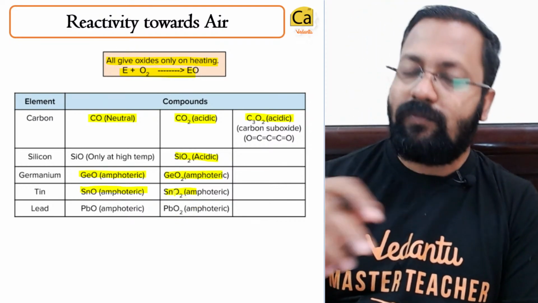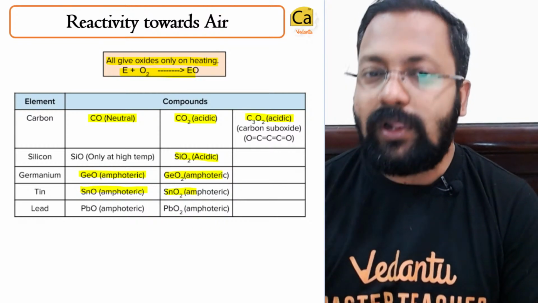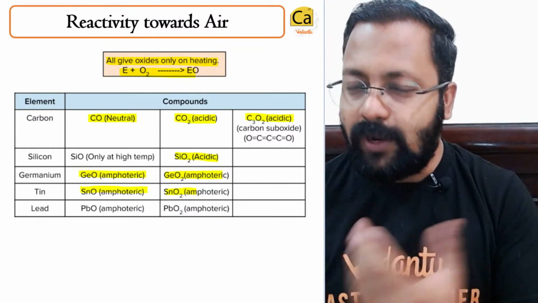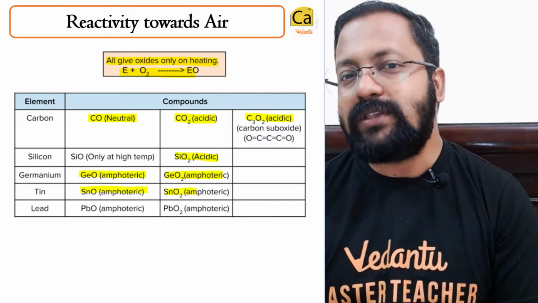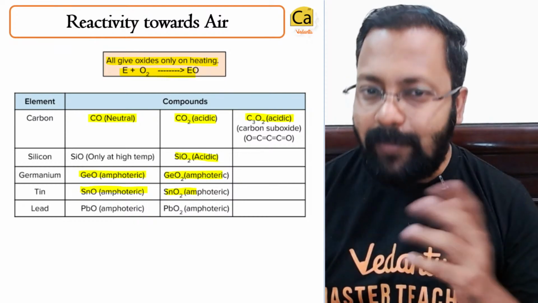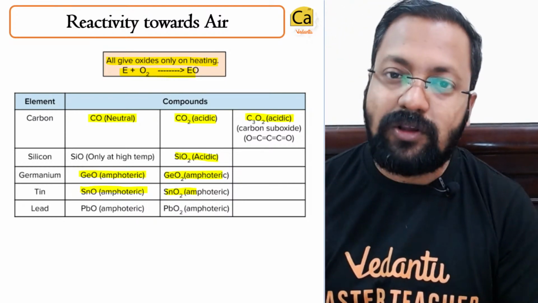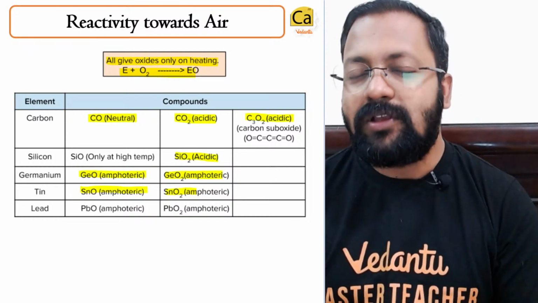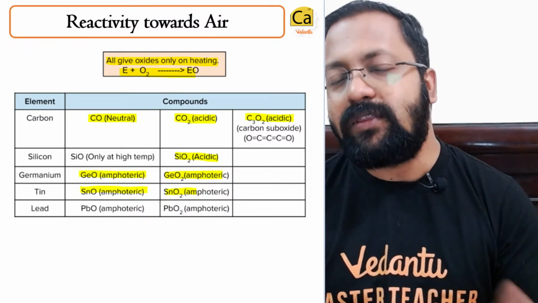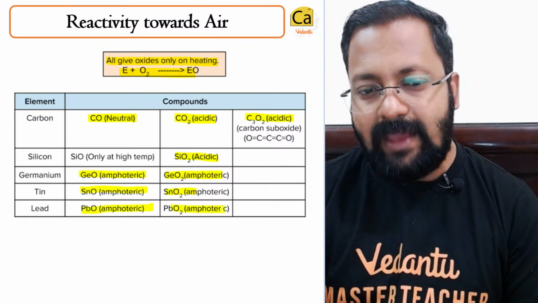Tin oxide HCl के साथ भी reaction करेगा. It can react with NaOH as well. If it reacts with HCl, I'll get chlorides. If it reacts with NaOH, I'll get stannates, plumbates. So stannate, plumbate will be obtained with hydroxides. Chlorides, sulfates will be obtained with acids. Okay, so amphoteric.